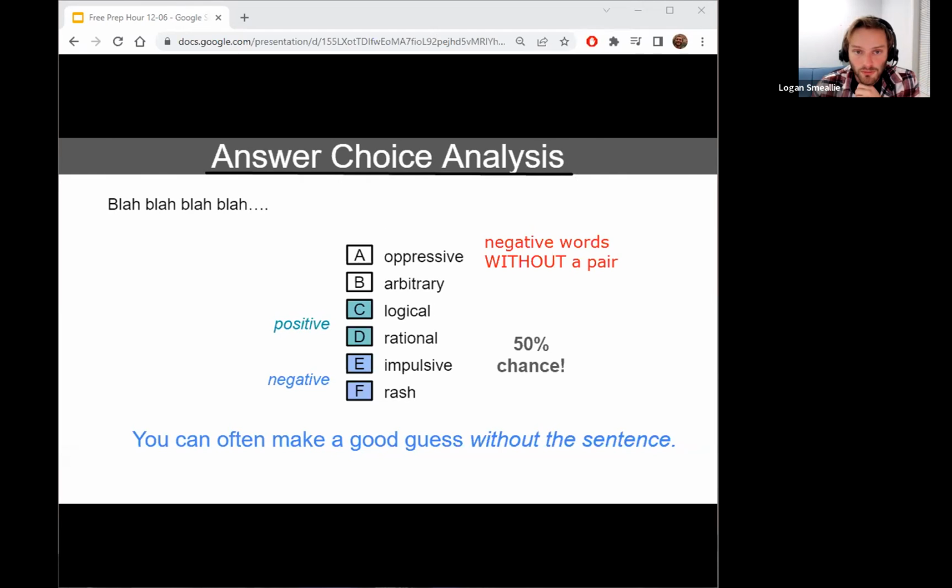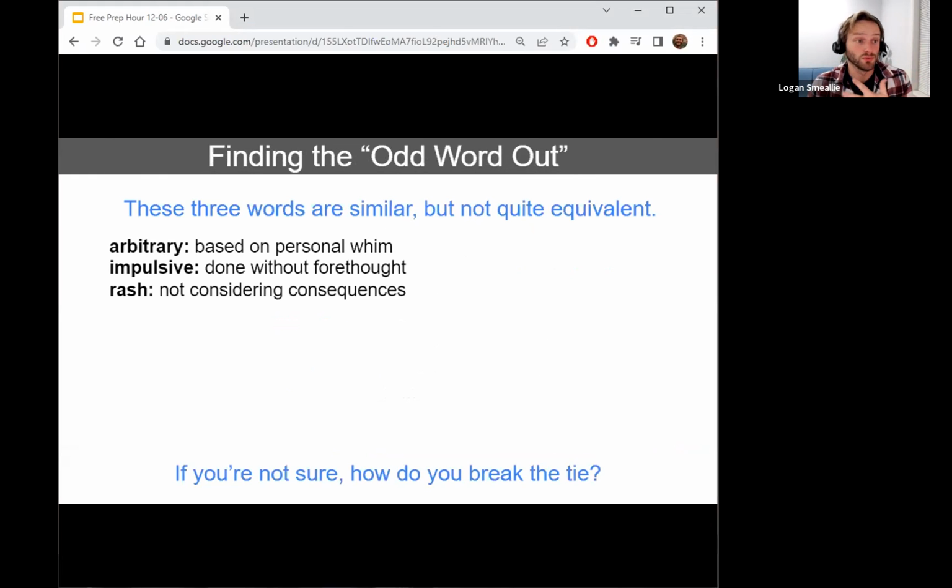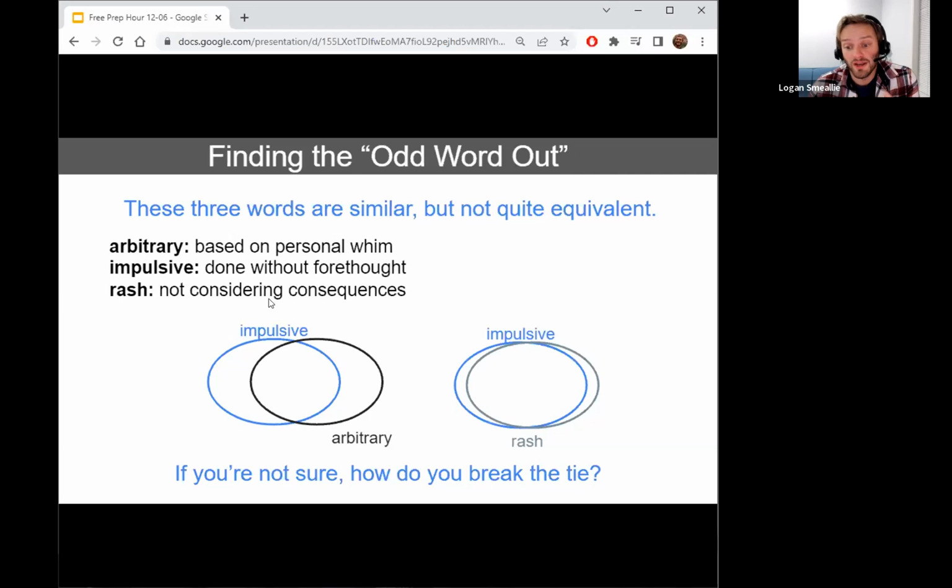So what we're going to do tonight is keep going through and find a few different ways that we might break a tie between similar words. Here it was fairly straightforward. Even though these three words are similar, they still didn't quite have the same meaning. Think of these as Venn diagrams.